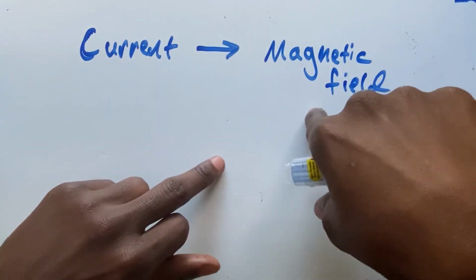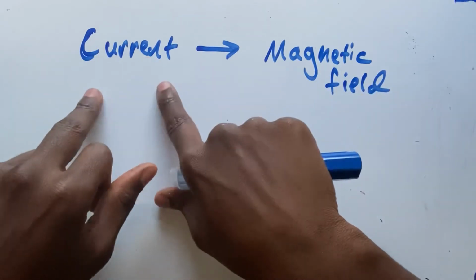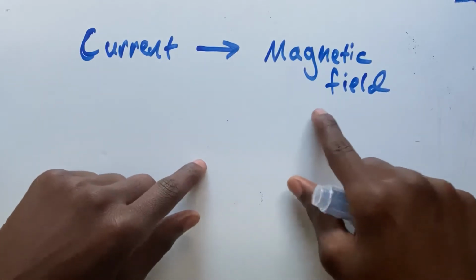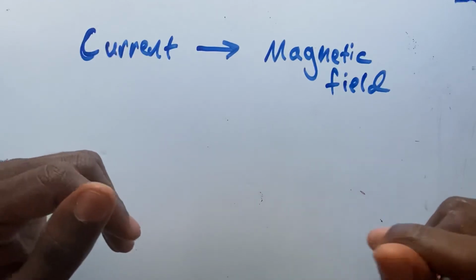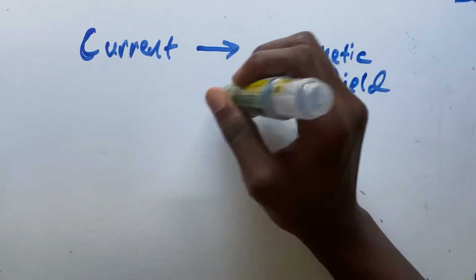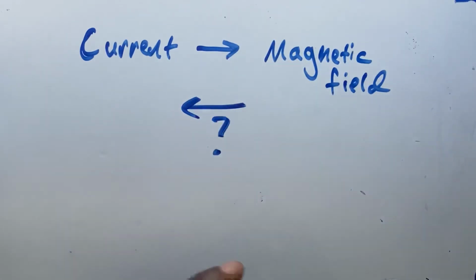That's cool, but it would be even cooler if a magnetic field could produce a current, right? Because we can do all kinds of stuff with currents. With magnetic fields, they just kind of attract and repel. So, question is, can we go back this way? Can a magnetic field produce a current?